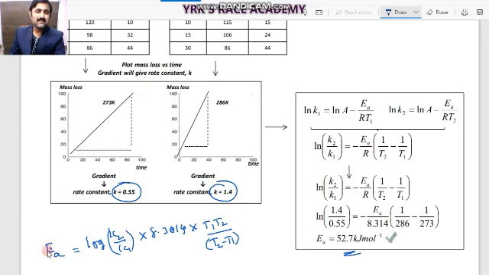So you can substitute in this expression also to get the activation energy of the reaction.